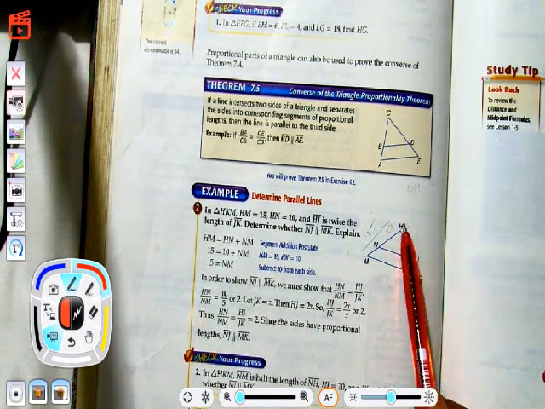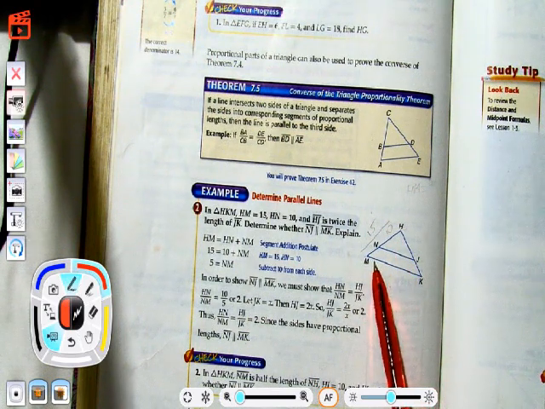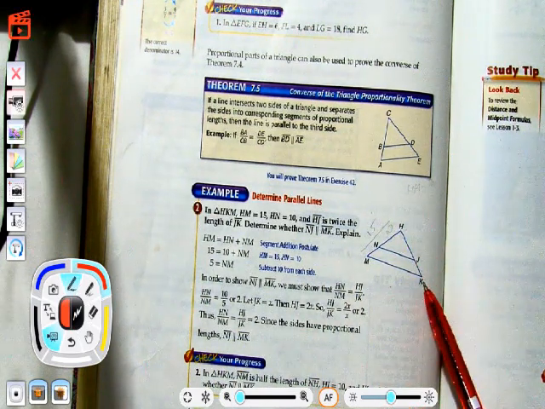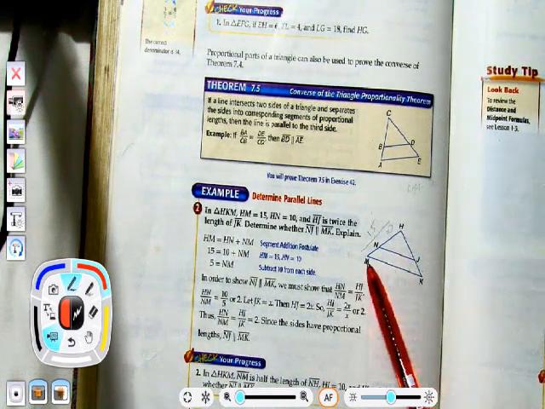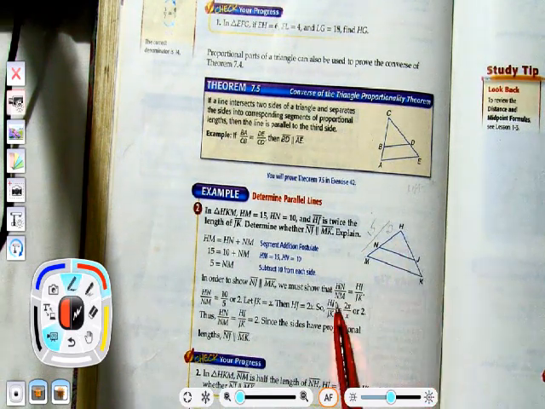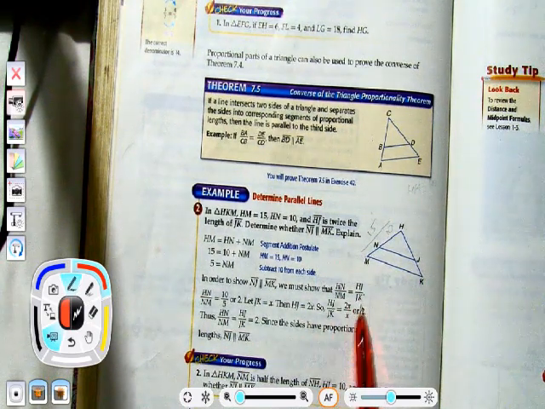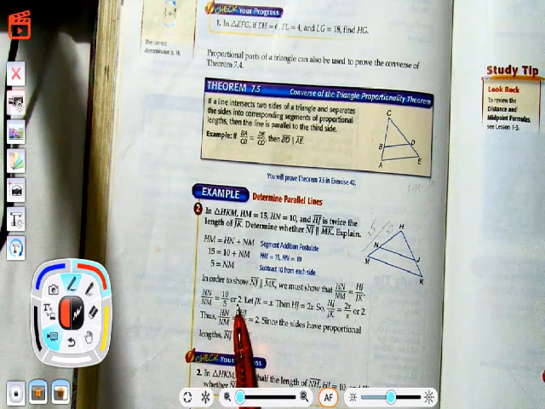So the ratio of this side, HN over NM, and on the other side is HJ over JK. Now to show that these two are parallel, we have to check if the ratio here is equal to the ratio here. If HN over NM is equal to HJ over JK. So HN over NM is 10 over 5 or 2.